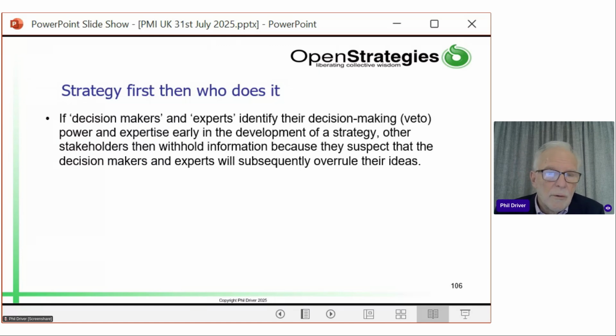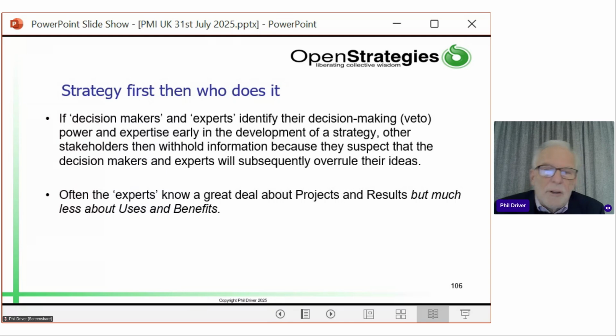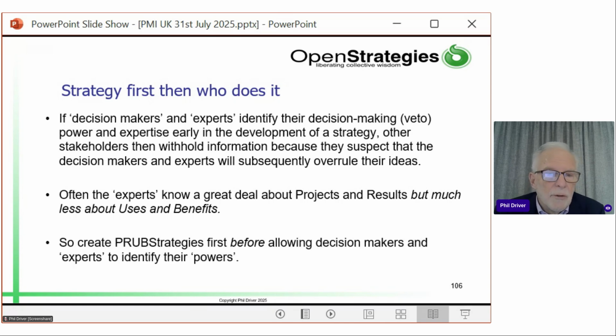It's really important. Often the experts know an awful lot about projects and results and almost nothing about uses and benefits. The experts on uses and benefits are your end users. They are as expert in that part of the strategy as the project managers and the purchasers are in projects and results. So everybody in the room is an expert, and we need to acknowledge that and allow everybody's ideas to come to the surface.